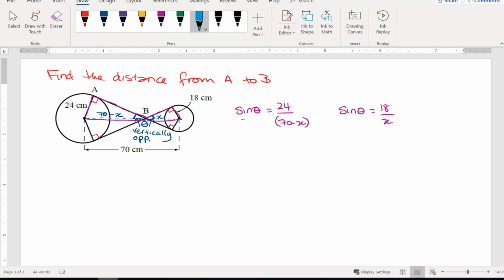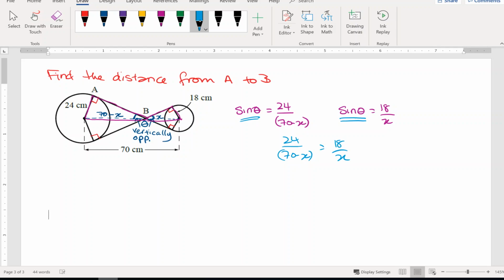Now, because these two sine thetas are equal, it follows then that 24 over 70 minus x must be equal to 18 over x. Let's use that and solve for x.